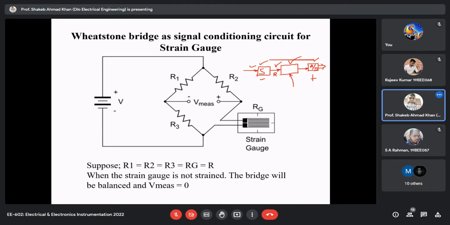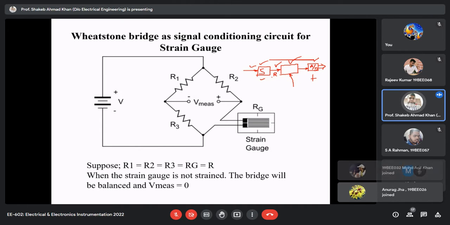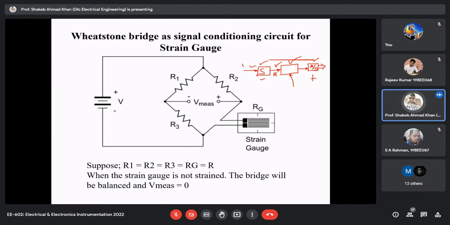What I'm saying is that the sensor is a strain gauge, and we want to measure the strain. When this strain is applied to the strain gauge, the strain gauge resistance will change. So in response to the strain, we are getting resistance. Finally, whatever strain we are measuring, we want to convert it into a digital number and then interface it to the computer.